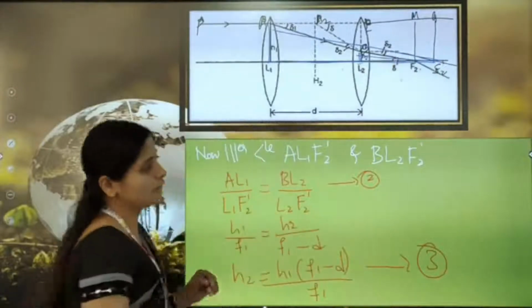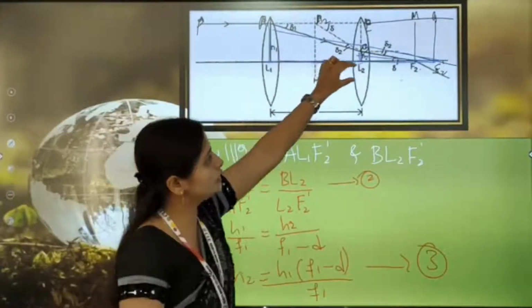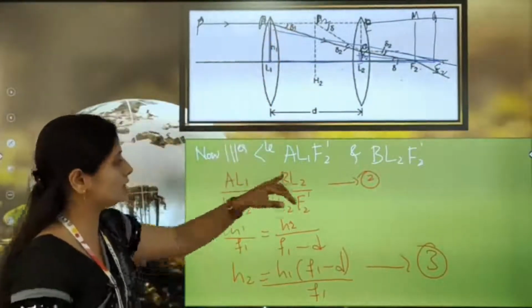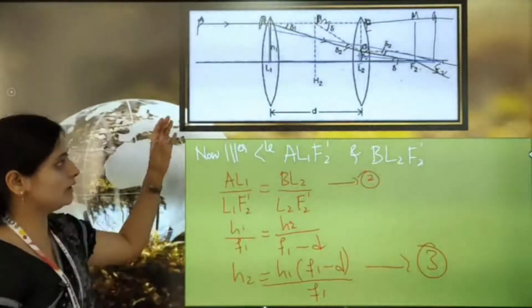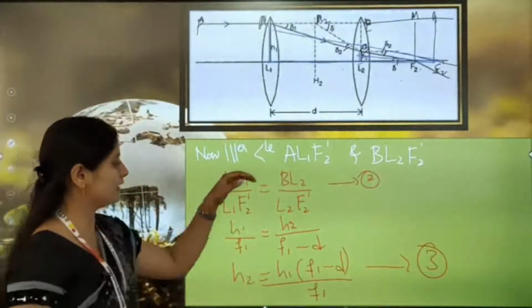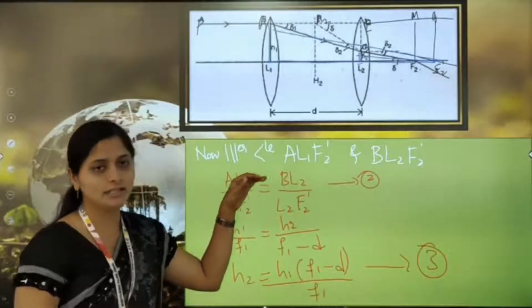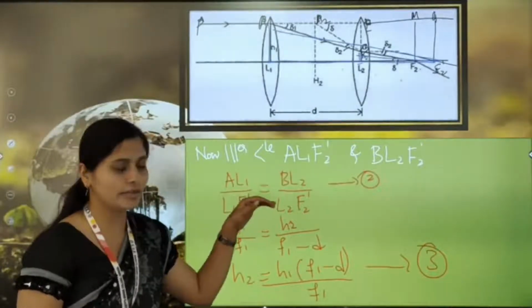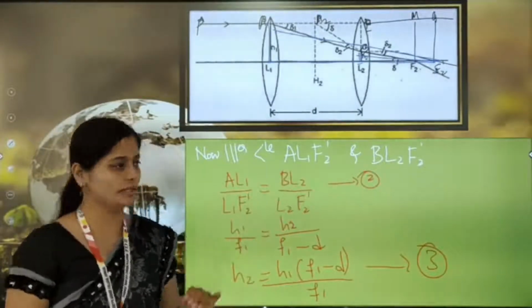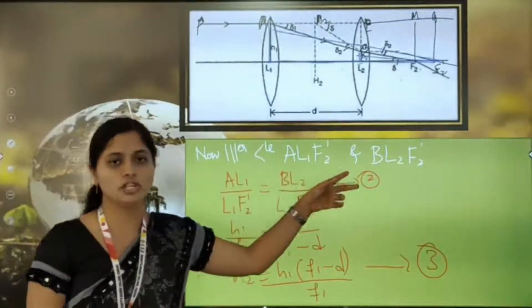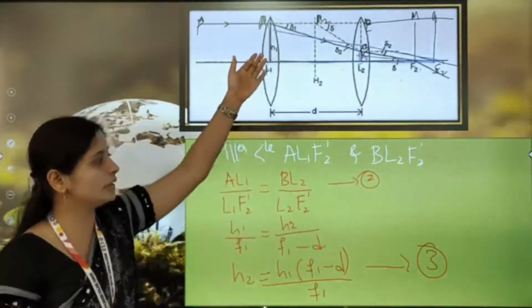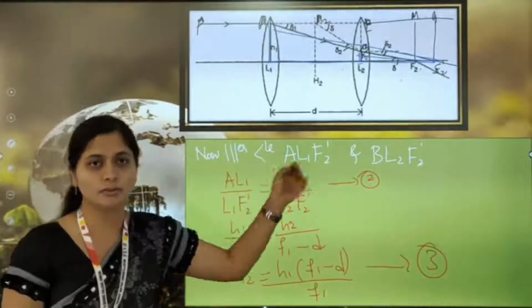We have to concentrate on these two triangles. Both are similar. By the similar triangles, what are we getting? A L1 divided by L1 F2 dash is equal to B L2 divided by L2 F2 dash. We call this equation number 2. By these two triangles, we are getting equation number 2.